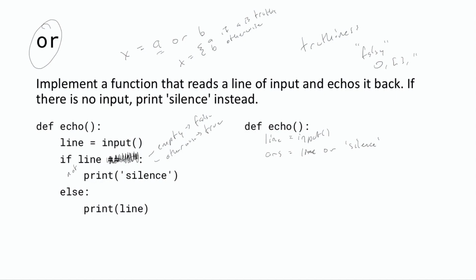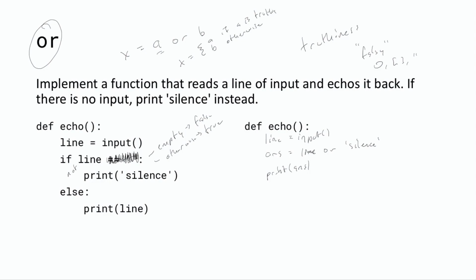And so again, if line is truthy, aka if line is not an empty string, then answer will be set equal to line. But if line is an empty string, then answer will be set equal to silence. And then the last thing we have to do is print the answer. So that's it. Right now it's 3 lines, but we'll very easily turn it into a single line. But it does the exact same thing as the left-hand side.